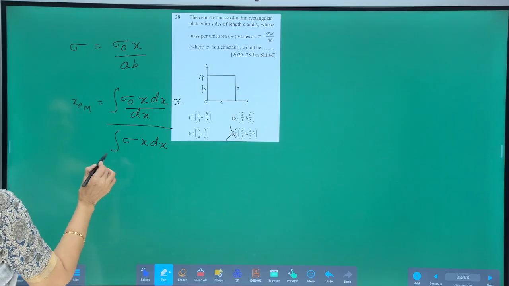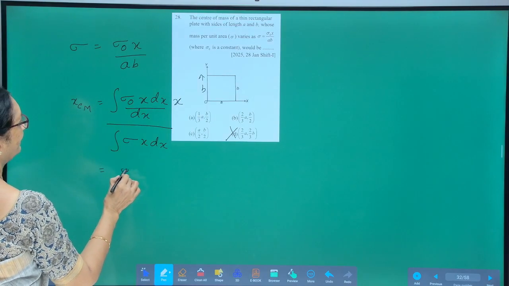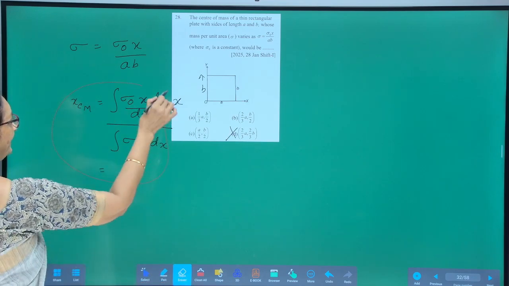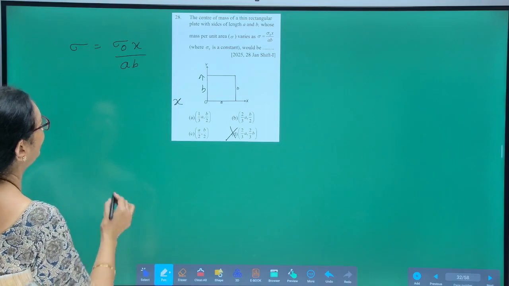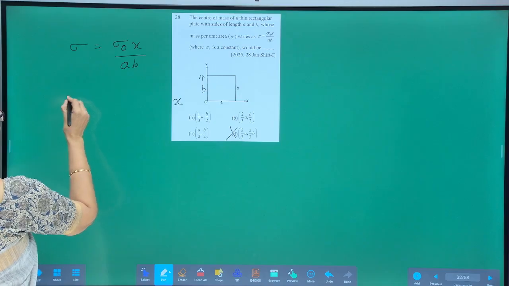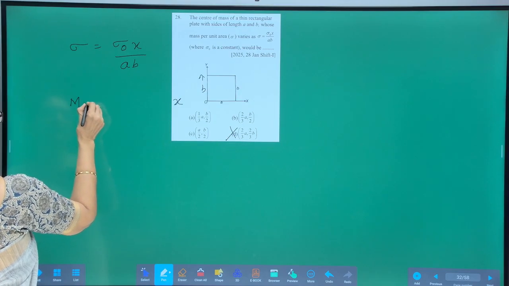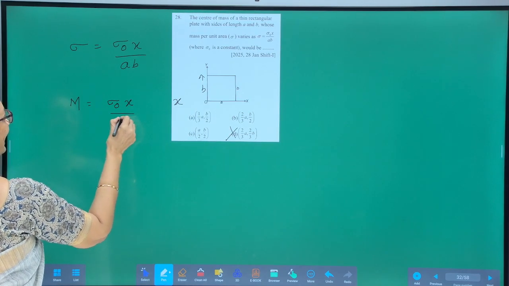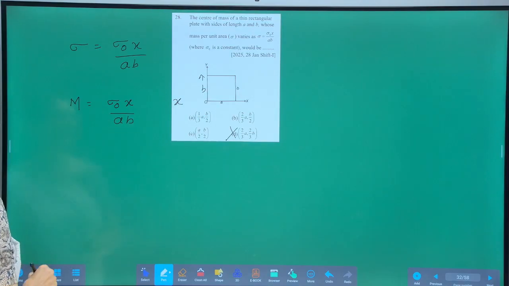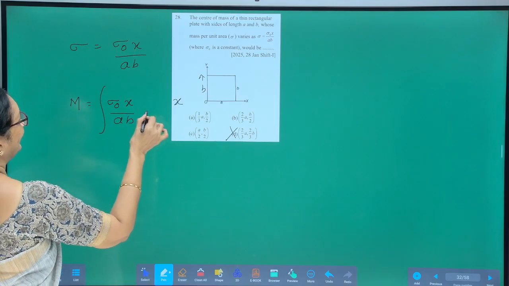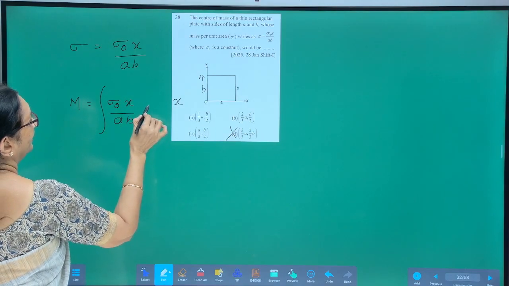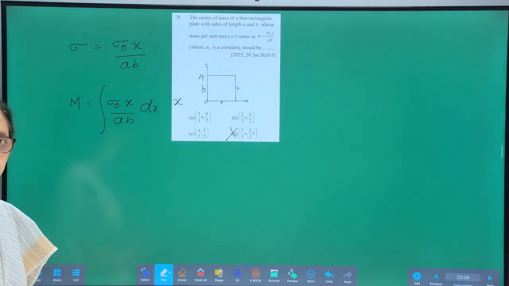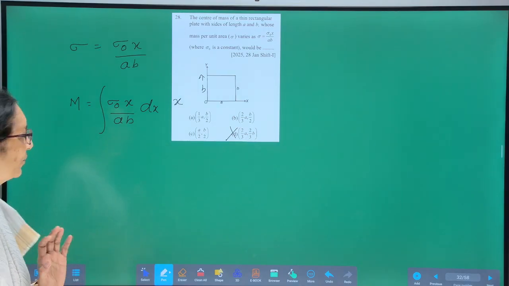So, here it becomes sigma naught A by, okay, see here, let us take this out, let us find it separately. So, here first let us try to find out the mass. Mass is equal to sigma naught x by AB into area. So, you have to integrate that with respect to x, because along x axis its mass is varying, along y axis there is no change.